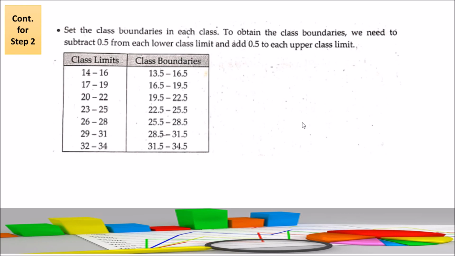So the class boundaries corresponding to that class limit are 13.5 to 16.5. Follow the same rules until we reach 32 to 34 on the last row, and that will give us 31.5 to 34.5. And these are the set of our class boundaries.